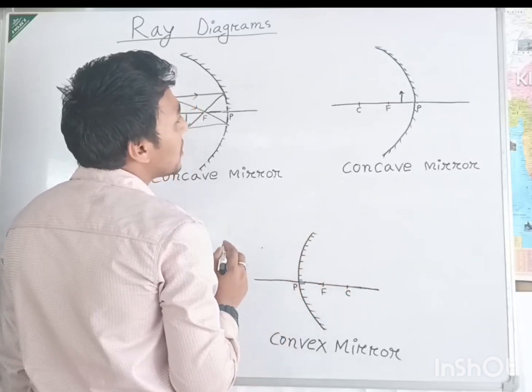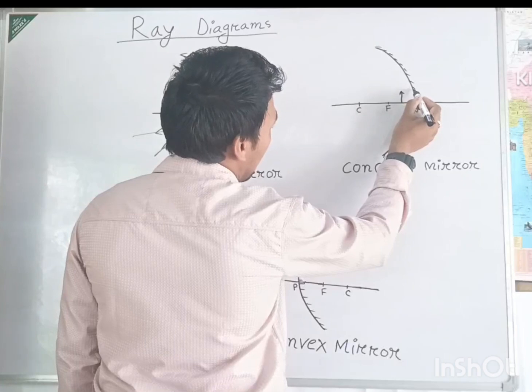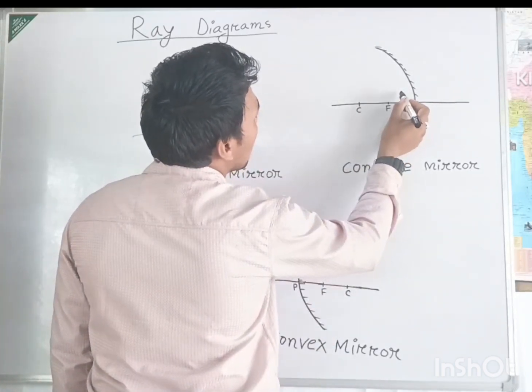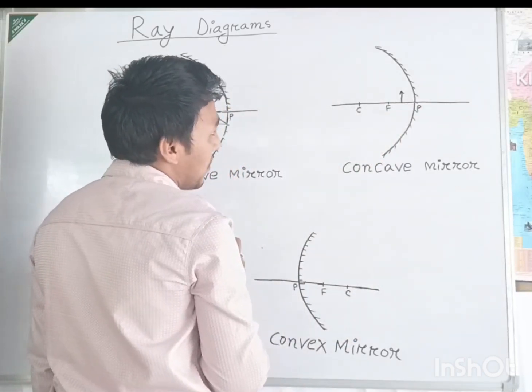Next, for the virtual image, I'll draw a ray diagram. The same rules we use here. If I pass a ray parallel to the principal axis, then after reflection it will return through the focus, but in front of this object there is no focus, so I cannot pass a ray parallel to the principal axis.